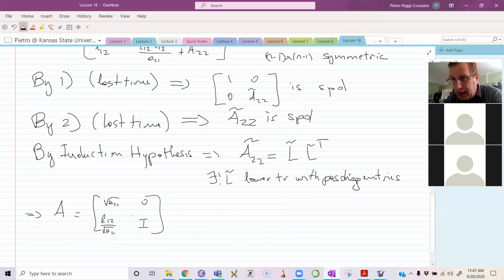That was my X transpose, or then I have 1, 0, 0, and then instead of A22 tilde, now I have L tilde L tilde transpose. And then here I have root A11, 1.